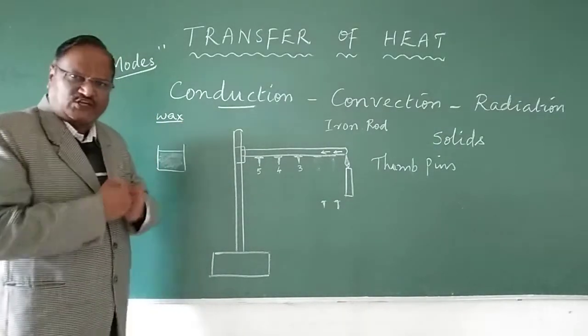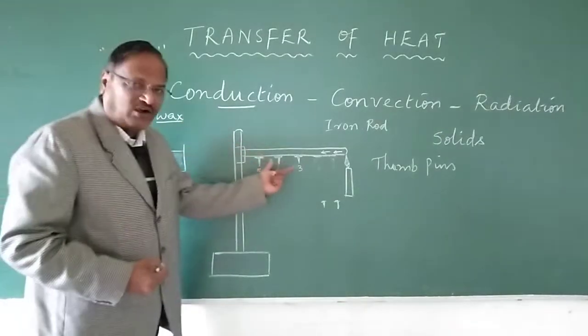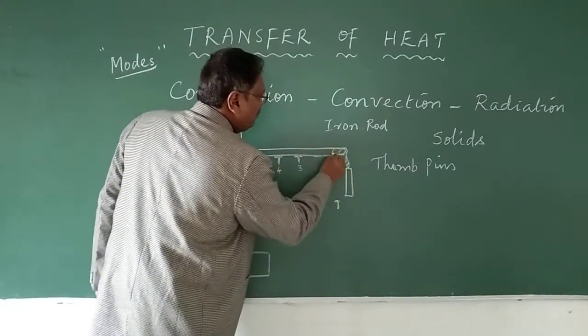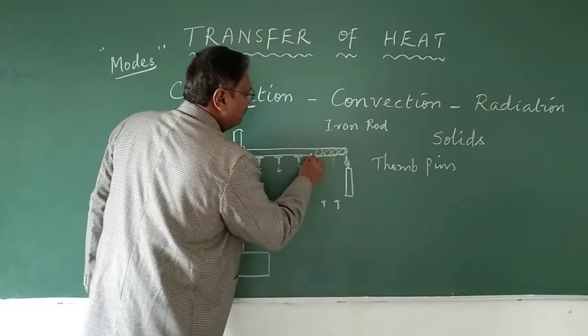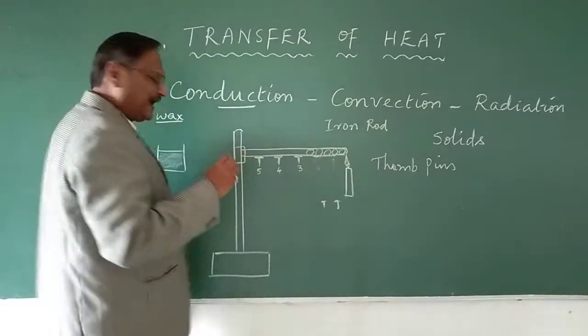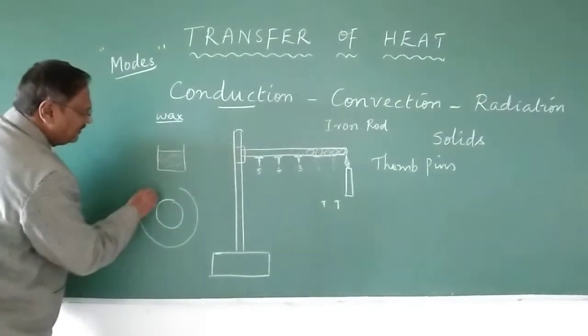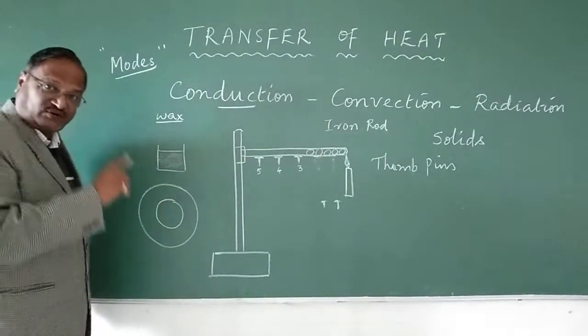So what is that actually? The iron rod is made up of atoms of iron. You know atoms? A nucleus is there, and the electrons are revolving around it.